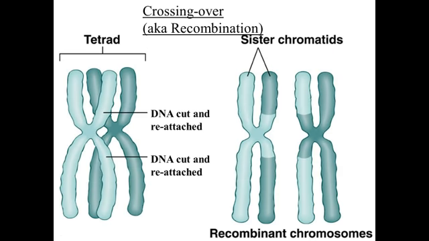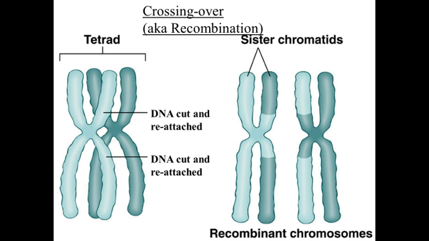Here's another picture that shows how this happens. And during meiosis, this happens many, many, many times. So what you actually get is each chromosome that ends up in a gamete is a sort of a mishmash of the chromosomes that you inherited from your mom and from your dad.